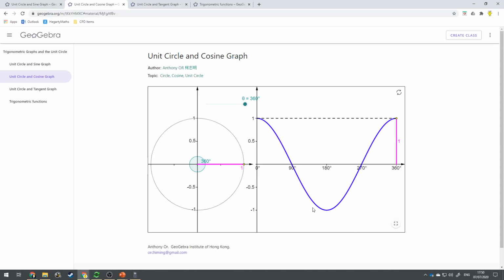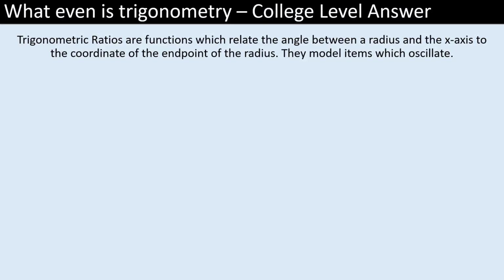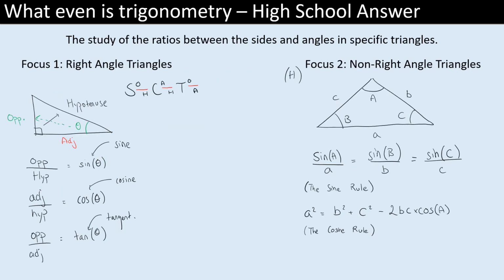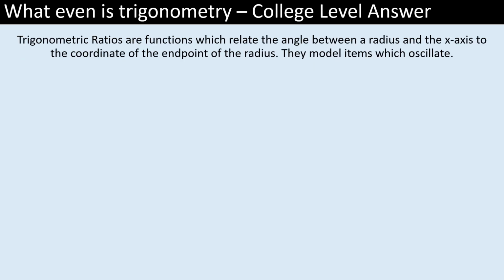Now, in the space of half an hour, that's quite a lot to take in. We've gone from saying that trigonometry is how we link some sides and an angle, to linking specific sides and an angle, to then thinking about the coordinate of a point as we trace a radius round in a circle.